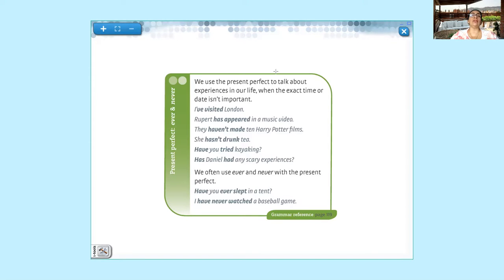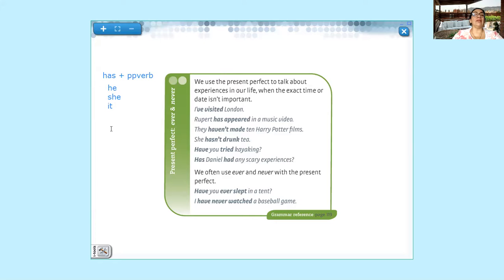Remember, you have to remember, he, she, it, you are going to use the expression has, plus the past participle of the verb. That is exactly what you are going to use in this case, okay?